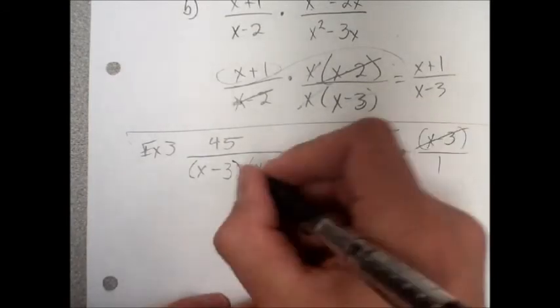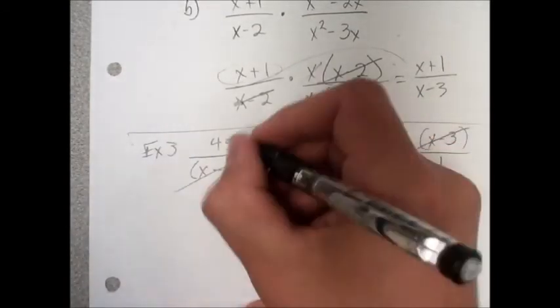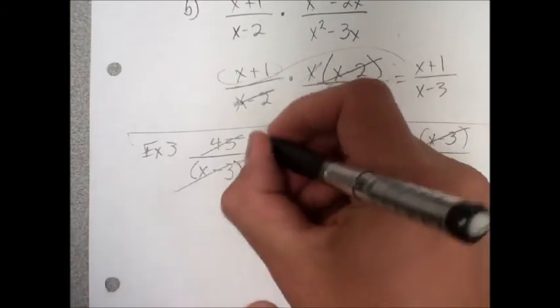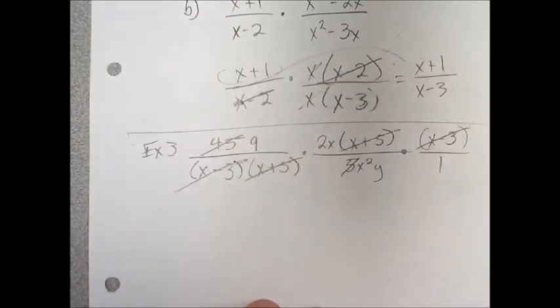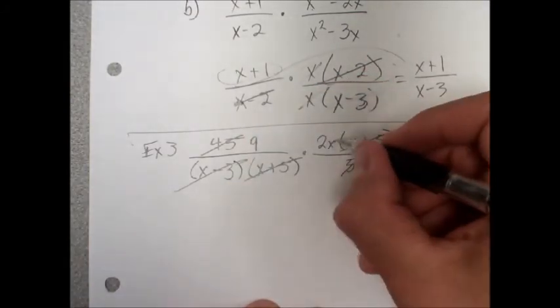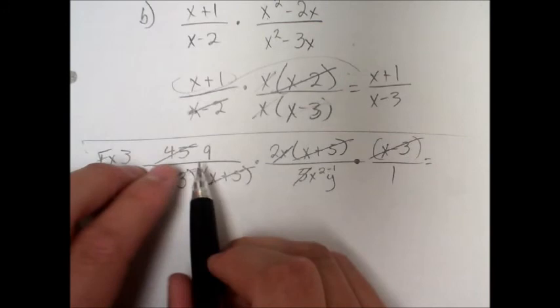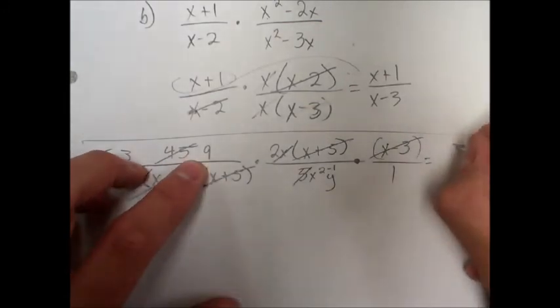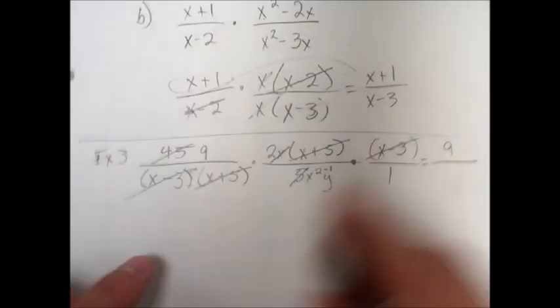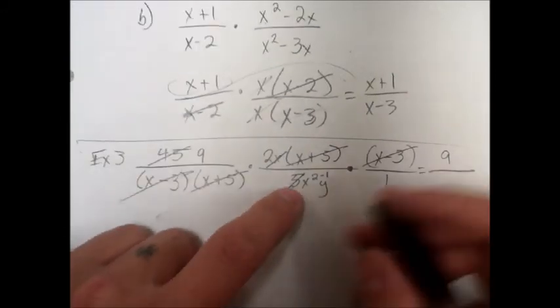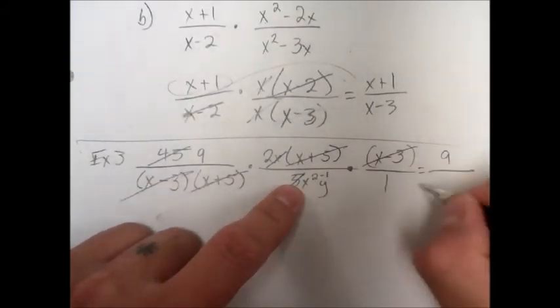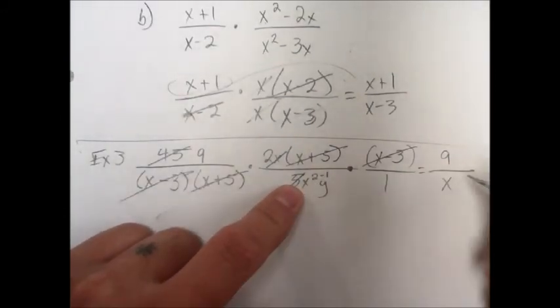X minus 3 cancels. My 5 and my 45 go into each other, so that one's left with 9 up top. This x can go down here, and then I just need to rewrite what I have left. So I have 9 up top. On bottom, all I have is x to the 2 minus 1, which is just x, and I have y.